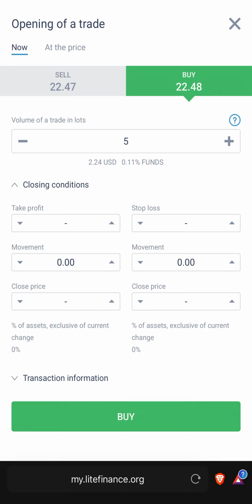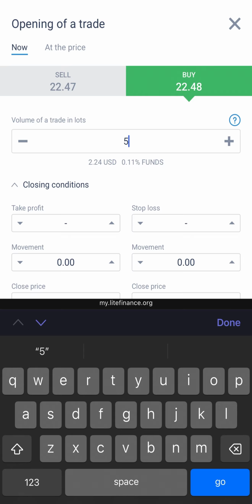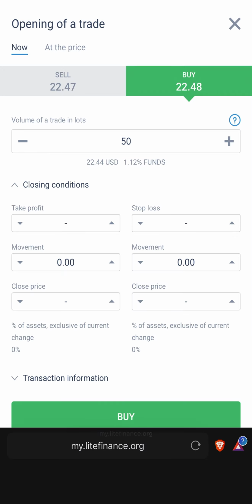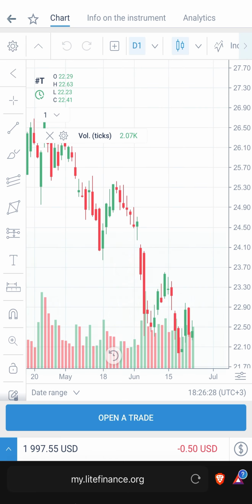And the broker has also given us a leverage to be able to open this trade. So you can see with 5, that is 2.24 US dollars. So let me say 50. That's $22 worth of shares that I'm about to buy. So I'll click on buy, and that is how simple it is for you to take a position.